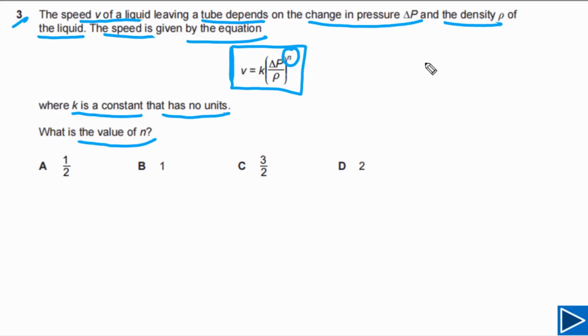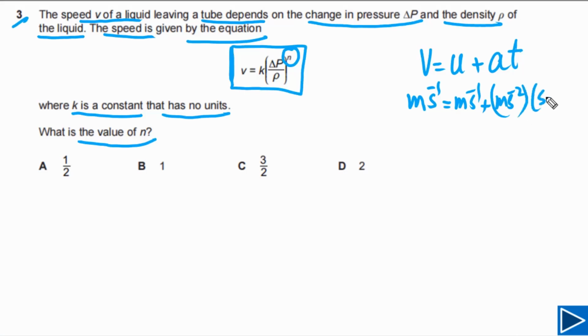So let's try to understand this with one very simple example: v is equal to u plus a t. The unit of v, the final velocity, is meters per second, and the unit of initial velocity is also meters per second. The unit of acceleration is meters per second squared, and the unit of time is second.